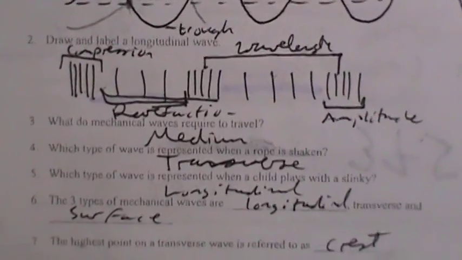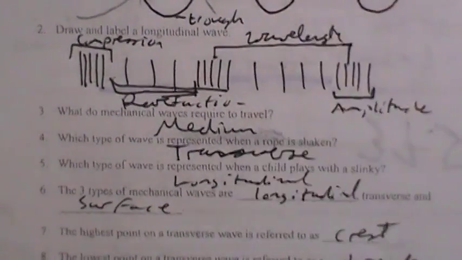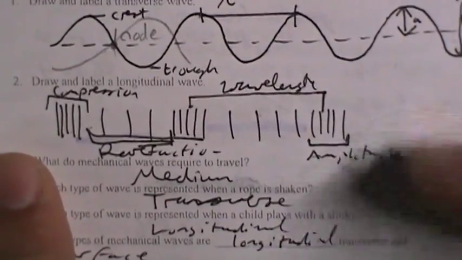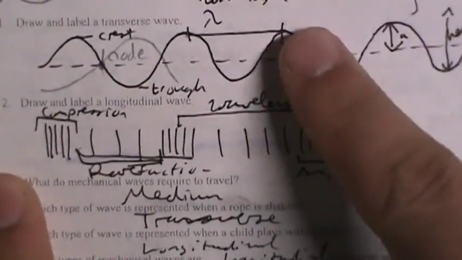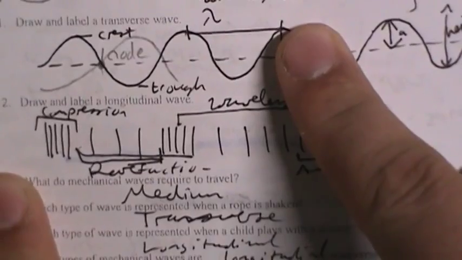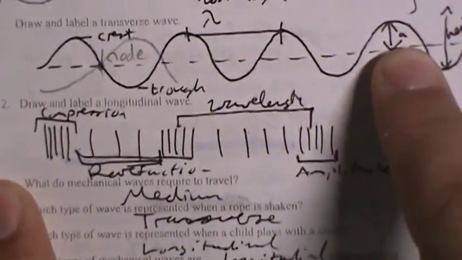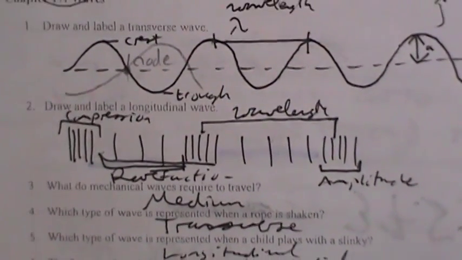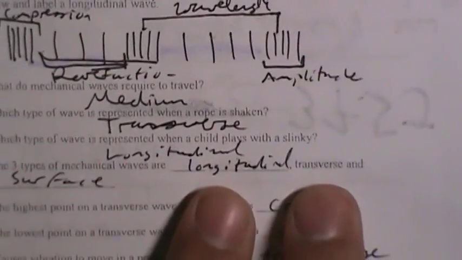Alright. Shaking a rope, that's a transverse wave. A slinky, assuming you're doing it back and forth like we did in class, is a compression or longitudinal wave. Of course, if you did the slinky up and down, you would wind up generating a transverse wave, in which the energy is going this way, but the medium is just going this way. Mechanical waves are broken down into transverse and longitudinal waves.